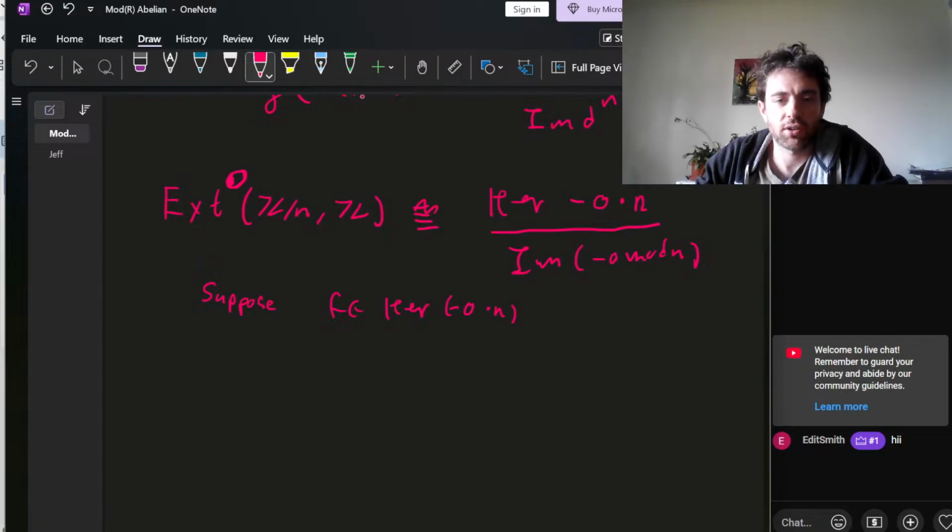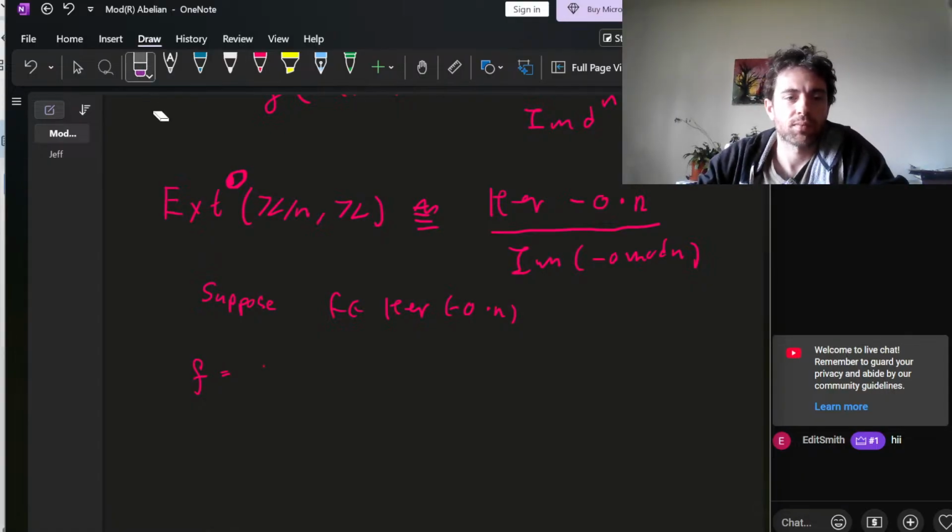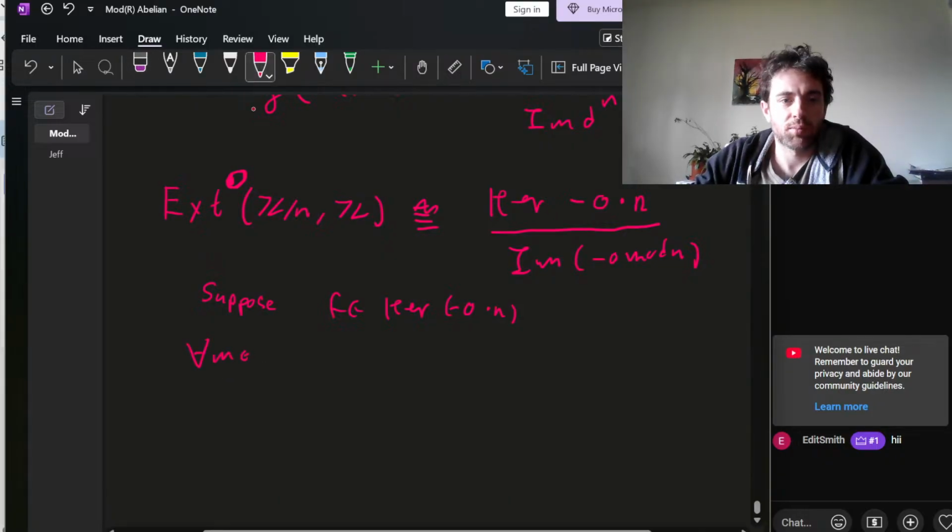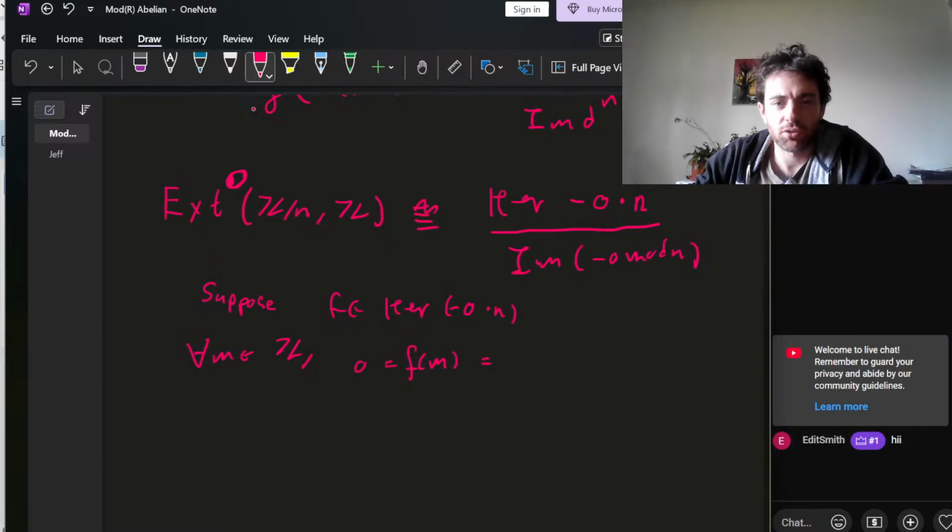That means that f is equal to, let's say, for all m in the integers, f(m) = f(m)·0 = g(n·m).